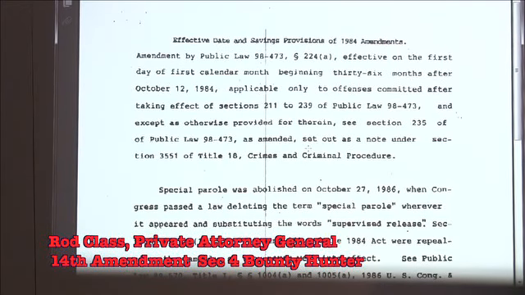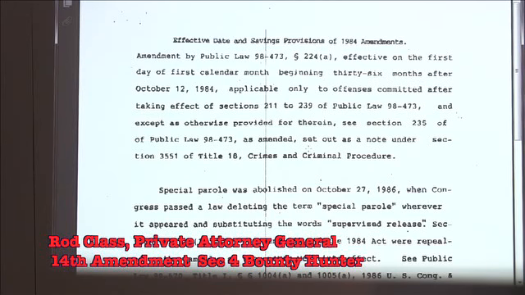Effective date and savings provisions of the 1984 amendment: amendments to Public Law 98-473, Section 235(a), became effective on the first day of the first calendar month beginning 36 months after October 12, 1984. Applies only to offenses committed after the date of taking effect of Sections 211 to 239 of Public Law 98-473, except as otherwise provided therein.